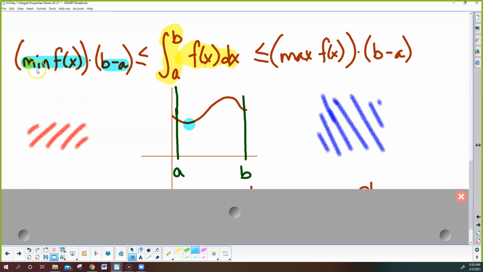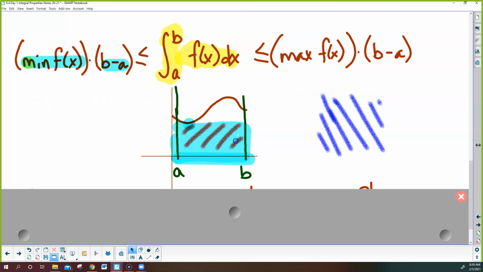It's right here. That is the minimum of f of x. And then I multiply it by the difference from a to b, which is the width. Well, that's going to create a rectangle here. And we can find the area of any rectangle very quickly. Base times height. So that would kind of give me an area like this.